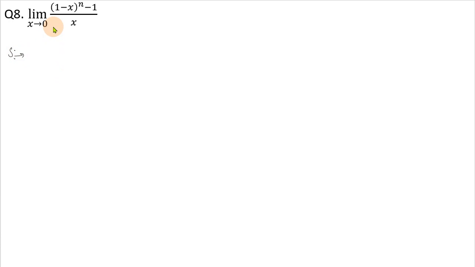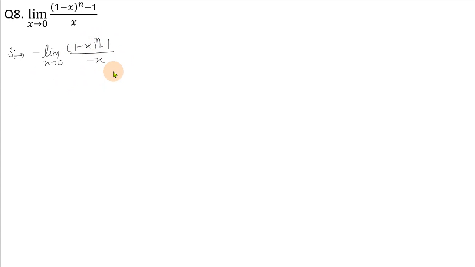So now we should have the same factor in the denominator as in the numerator. So here what I do, limit x approaches to 0, I multiply it with a negative sign and divide it by a negative sign.